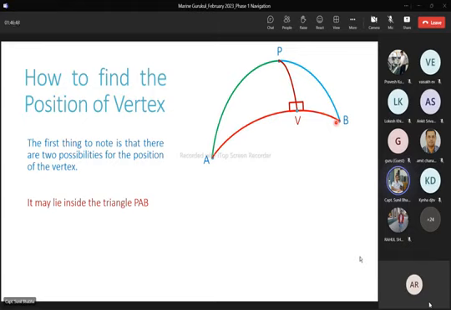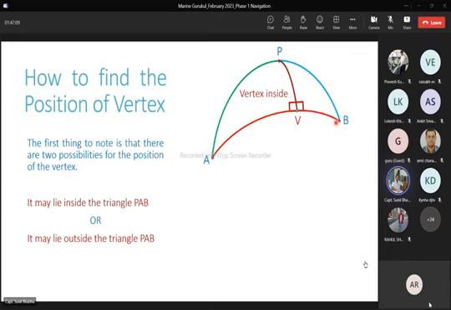Okay, great. So let us see the second possibility now. This is the first scenario where the vertex lies inside the triangle PAB, or the vertex lies in between our initial and final positions. Now there could be one more scenario.